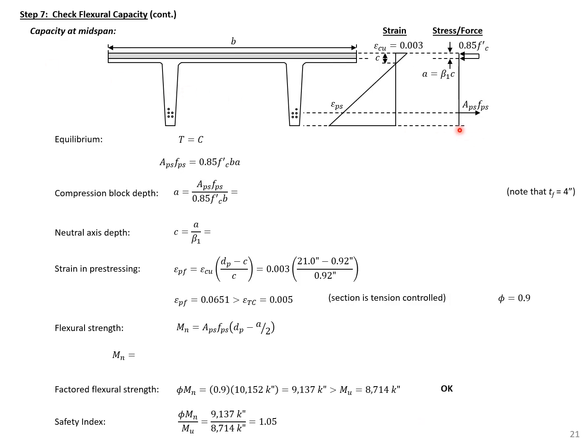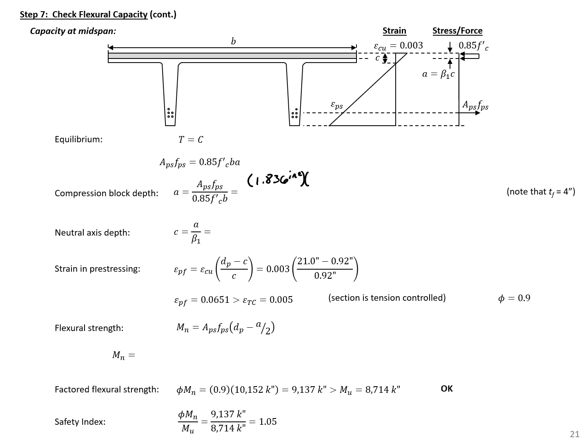Using the stress diagram and setting tension equal to compression, we can find the tension from our prestressing equal to the compression from our rectangular stress block region. We can solve for a and find the depth of the compression block. So we have the area of our prestressing, 1.836.